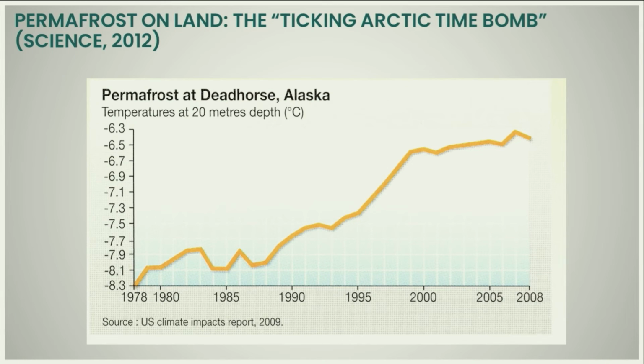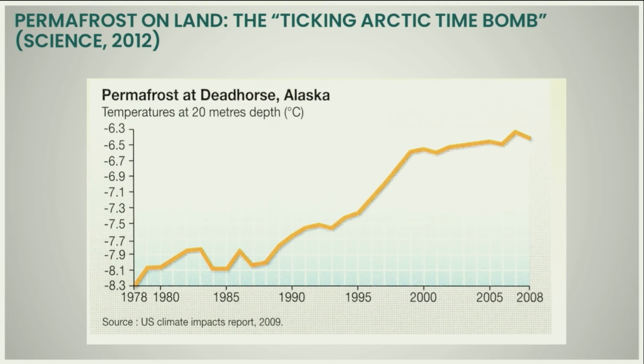These are some measurements made at a place in northern Alaska called Dead Horse, which is a very small town, has a population of 1. And I've been there. And every day, this one person measures the temperature of the permafrost at Dead Horse, and it's been rising, as we can see, quite rapidly.